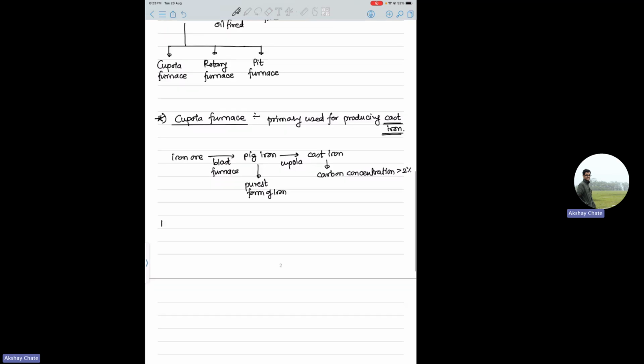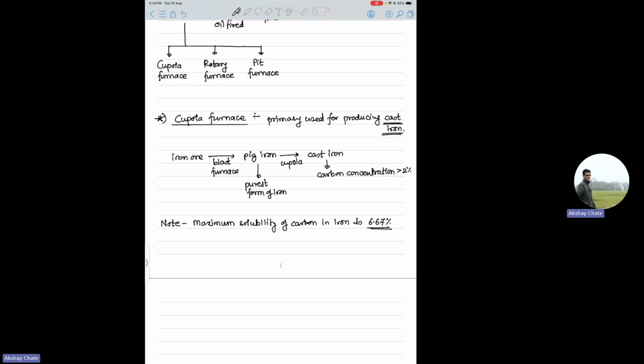You should note that. If you have studied your material science iron carbide diagram, the maximum solubility of carbon in iron is 6.67 percent. Okay, so even in solid state, when it solidifies, it cannot contain more than 6.67% of carbon.